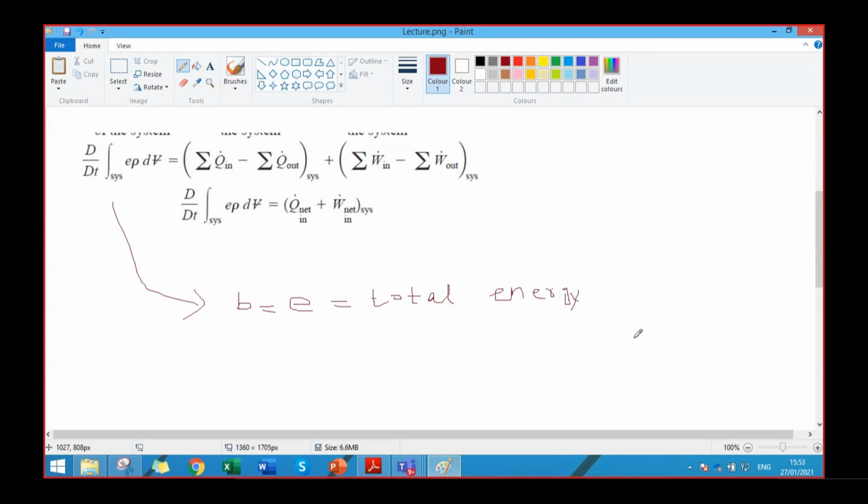E in minus E out. But what type of energy is coming into the system? Sir, kinetic, potential, internal. Yes, it is the internal energy, which is represented by U, plus the kinetic energy and the potential energy. Clear?